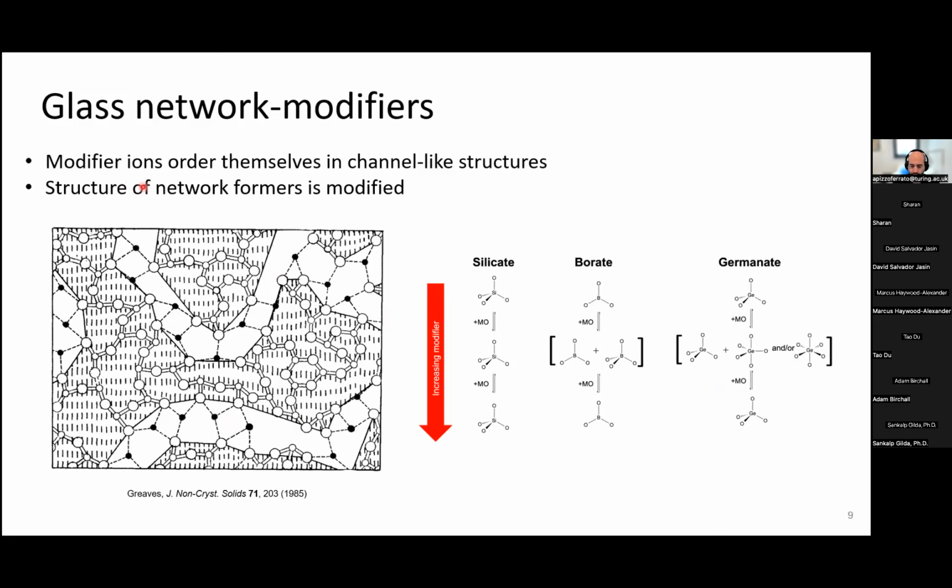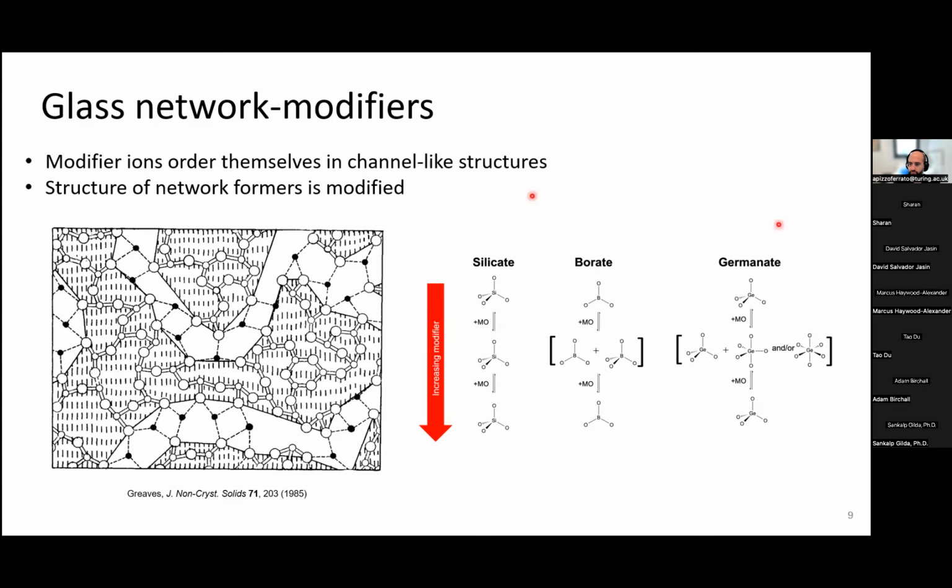So what do these modifiers do that gives rise to these possibilities, but also, as I said, modify the structure? Again, it's complex because it depends on what type of former is building the network. In these typical silicate glasses, they will break up the network and form these weakly connected bonds. In other types like borates, actually, they will first increase the conductivity and then start to decrease the conductivity.